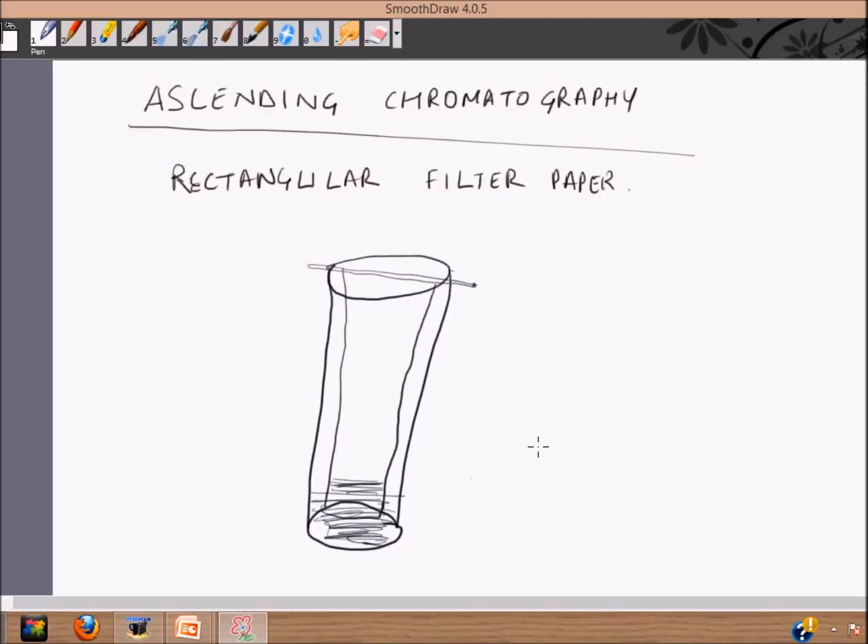This is a solvent, and this is the paper clip.